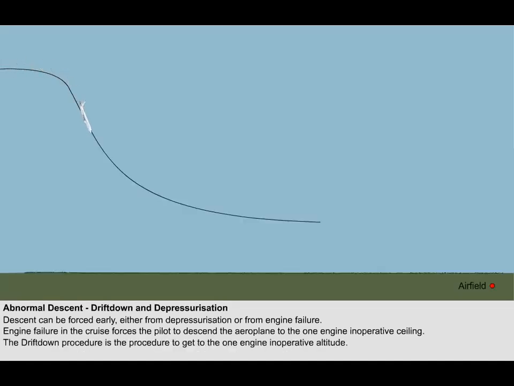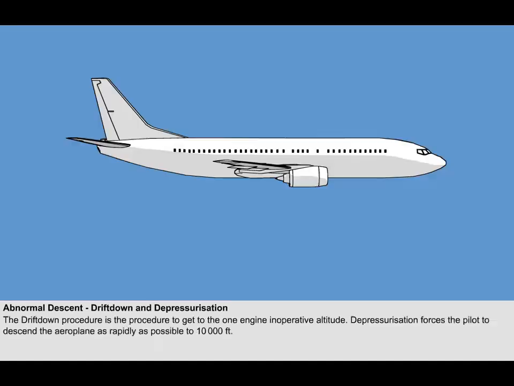This procedure is called the drift down, and it produces a drift down profile, such as the one shown on screen. In fact, the profile on screen is the gross drift down flight path. This path must, of course, be above all relevant obstacles, but this will be discussed later.